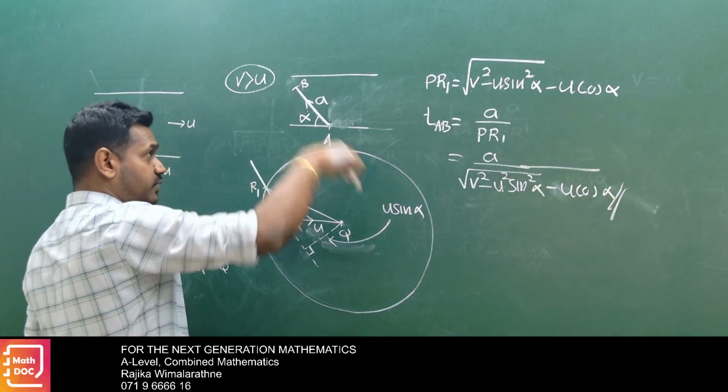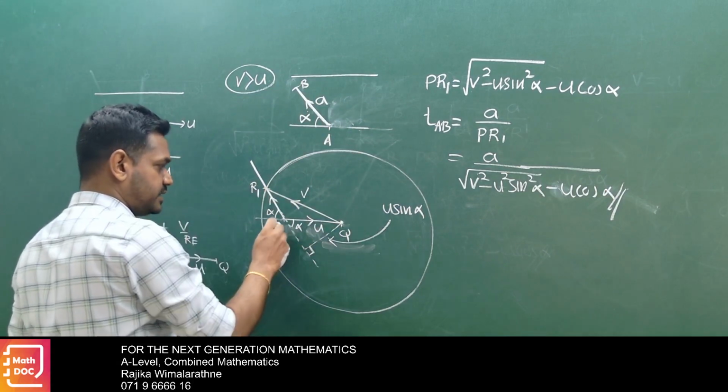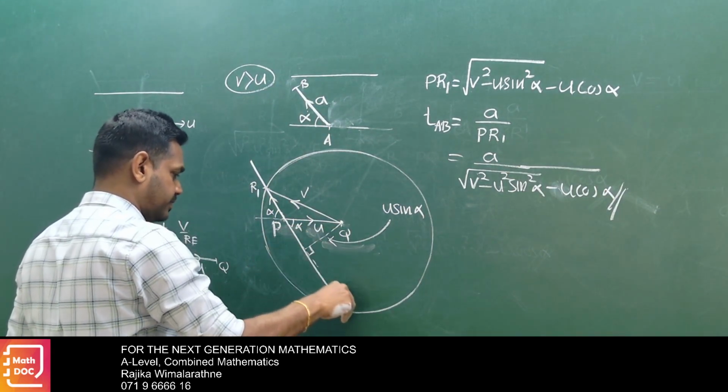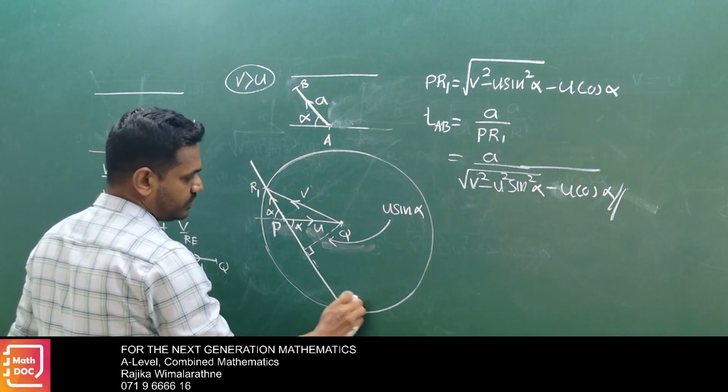Then for B to A motion, the same diagram you can consider. Here say R2.